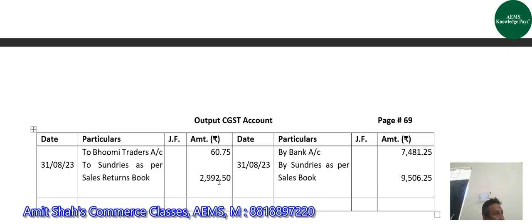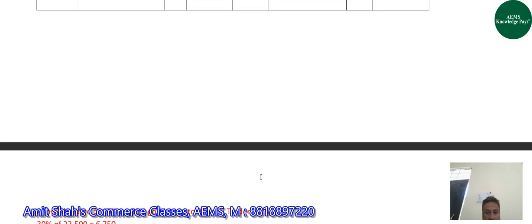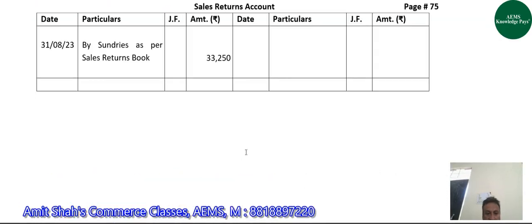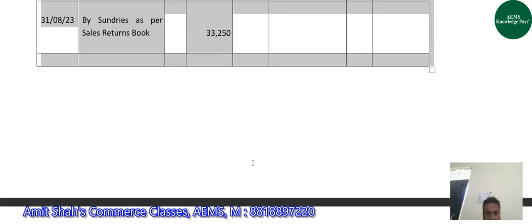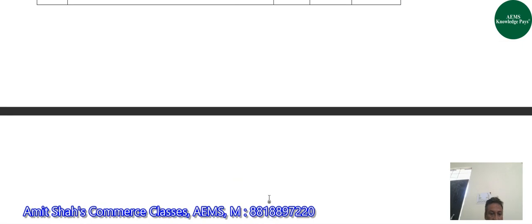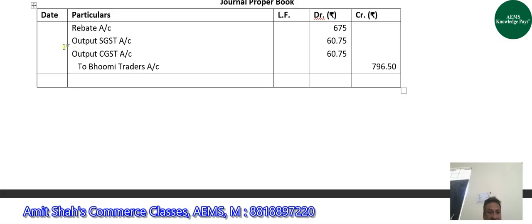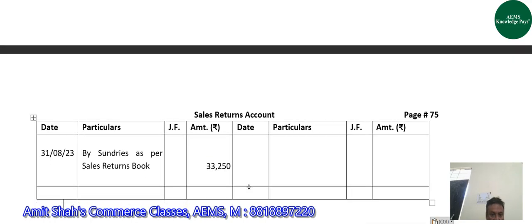Then Yash, Manvi, Shubhi. Here we need to make rebate account as well, guys. Leave some space after this transaction in journal proper book, guys, because there may be some more transactions coming here.